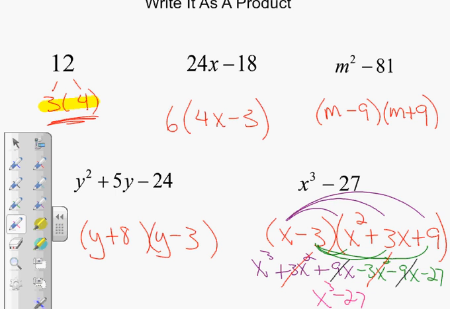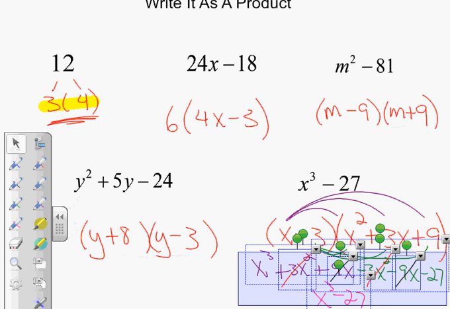So the overview here that we're just trying to get you to see is that the process of factoring is taking an expression and writing a product. We did this in every problem, even in this last problem that is very beast-like here.